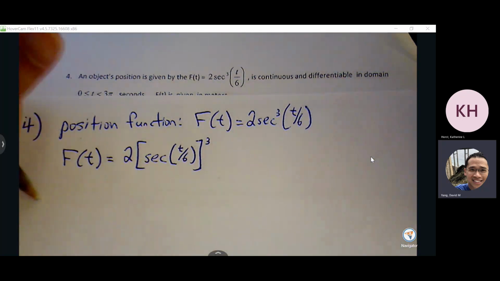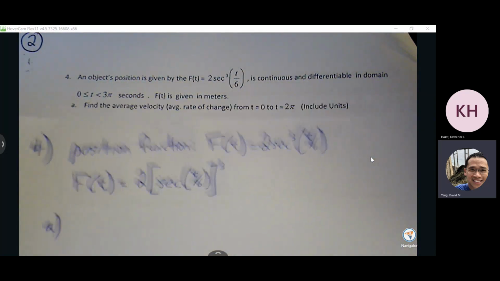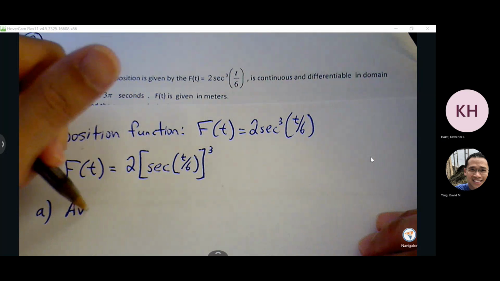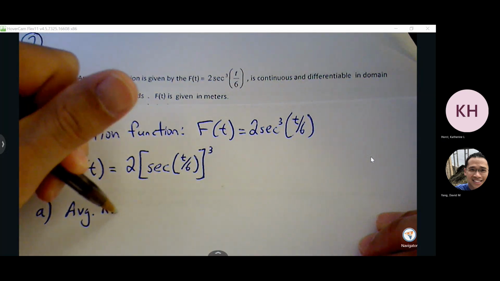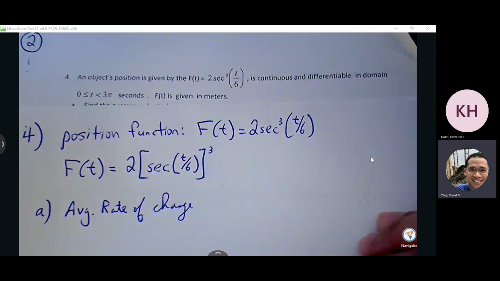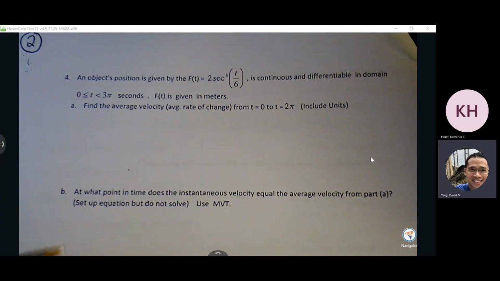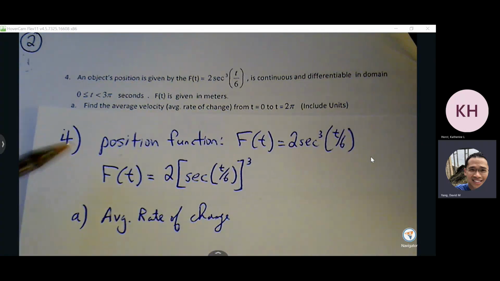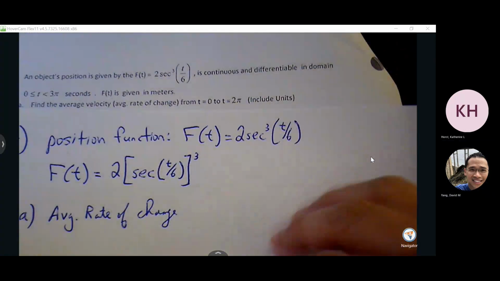So part A, find the average rate of change or average velocity. If it's asking for instantaneous rate of change or instantaneous velocity, then that's the derivative, right? Average rate of change is the change in value over the change in time.